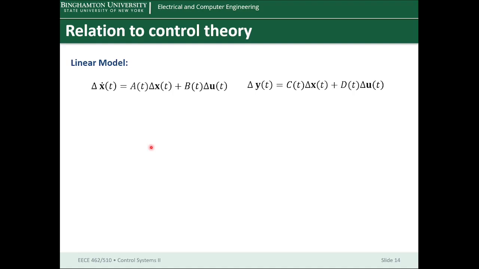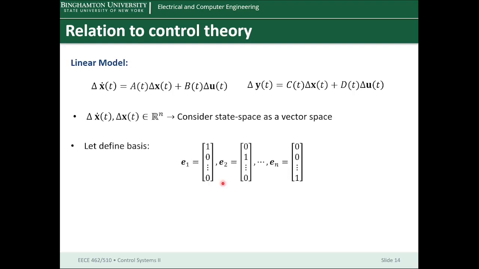Here, both delta x dot and delta x live in R^n. The system can be viewed as a linear operator. In fact, we can think of our state space as a vector space R^n defined over the real numbers as a field. The system matrices A, B, C, and D are the matrix representation of this linear operator.